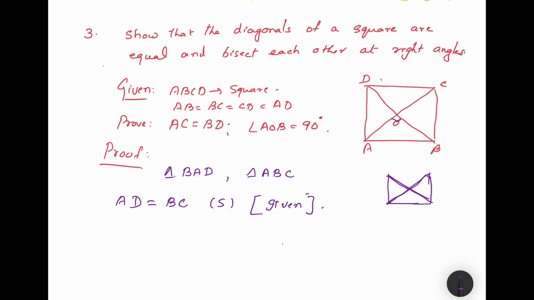Then we also know it is a square, so angle A equal to angle B equal to angle C equal to angle D equal to 90. These are the properties of a square: the sides are equal and the vertices are 90 degrees. So, we are going to use that here. Angle DAB is equal to angle ABC, given, and AB equal to AB is common.